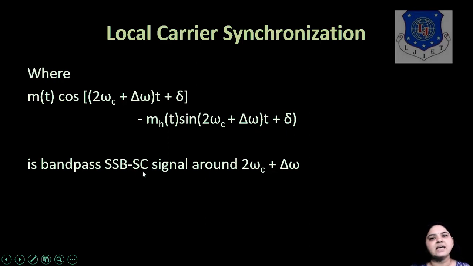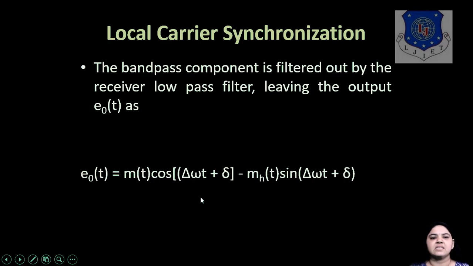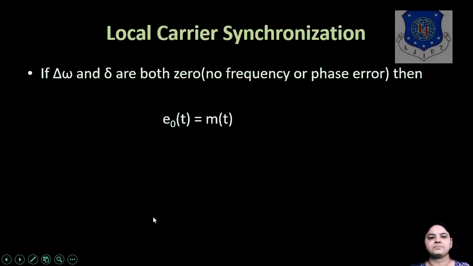The terms m(t) cos (2 omega c plus delta omega) t plus delta minus m_h(t) sin (2 omega c plus delta omega) t plus delta form an SSBSC signal around 2 omega c plus delta omega. A band pass filter can be used for filtering out this component and leaving the output e0(t) equal to m(t) cos (delta omega t plus delta) minus m_h(t) sin (delta omega t plus delta).